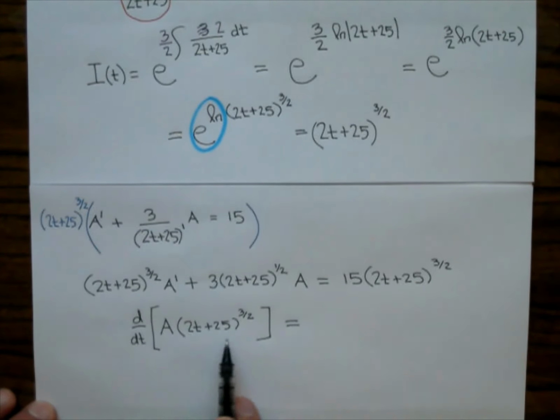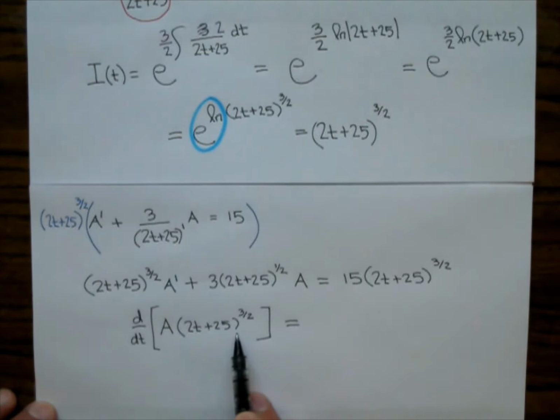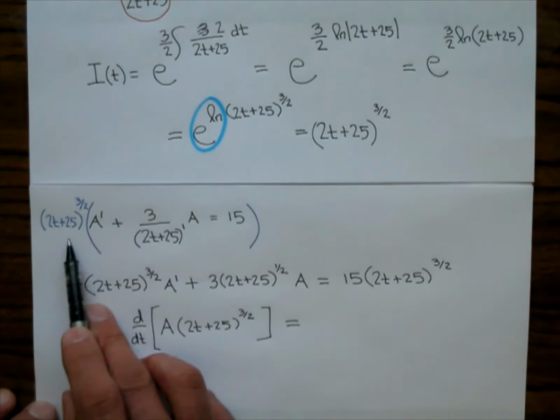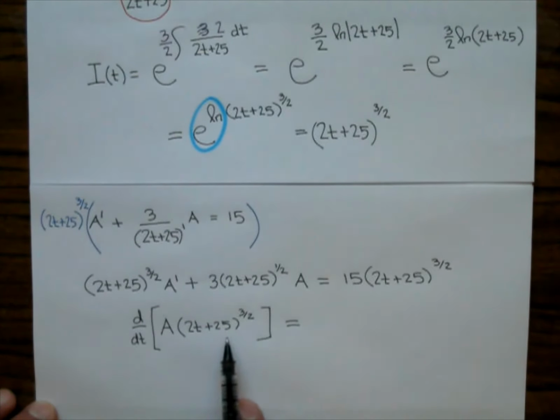This is the derivative of a product: the derivative of the first times the second, plus the first times the derivative of the second. Well, the derivative of the second is a little chain rule where you put that 3/2 in front, and then 2t plus 25 to the 1/2, and then the derivative of the inside, which is 2. So the 2's cancel. You do get this. So some people, when they get to this step, on the left-hand side, the first thing they write is this, because they know that will always happen.